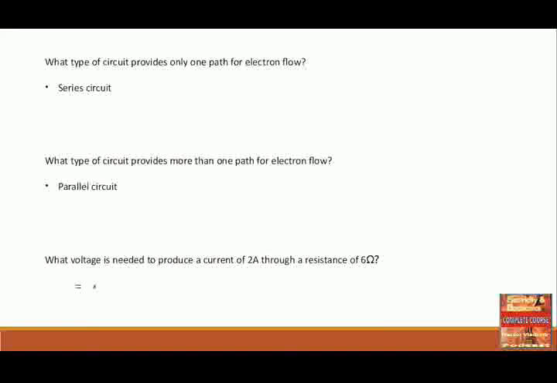What voltage is needed to produce a current of 2 amps through a resistance of 6 ohms? For this we use the Ohm's law formula, which can be arranged as E, or voltage, equals I, or current, times R, or resistance. In this case, voltage equals 2 amps times 6 ohms, which gives us 12 volts.